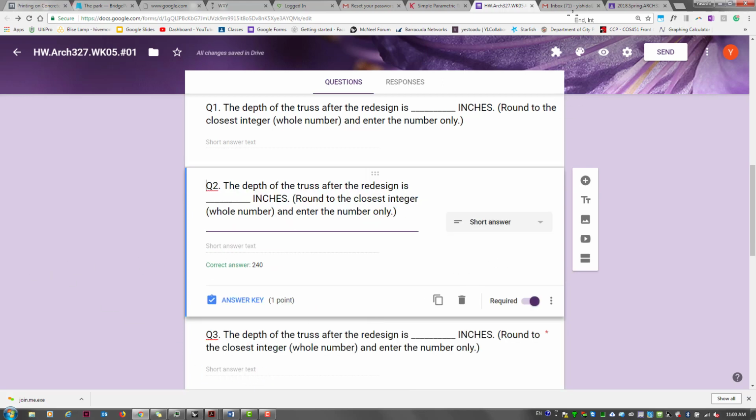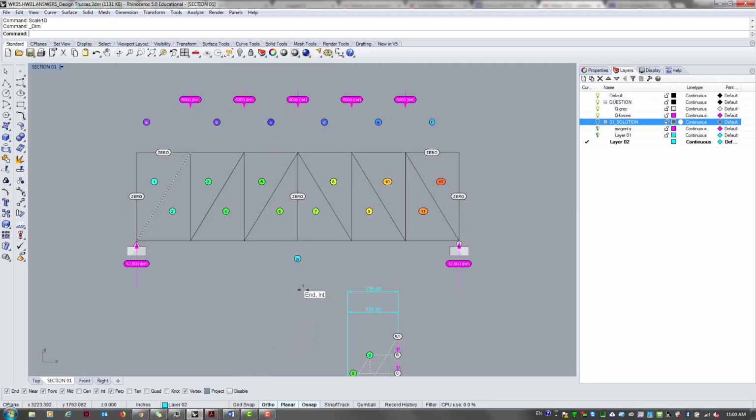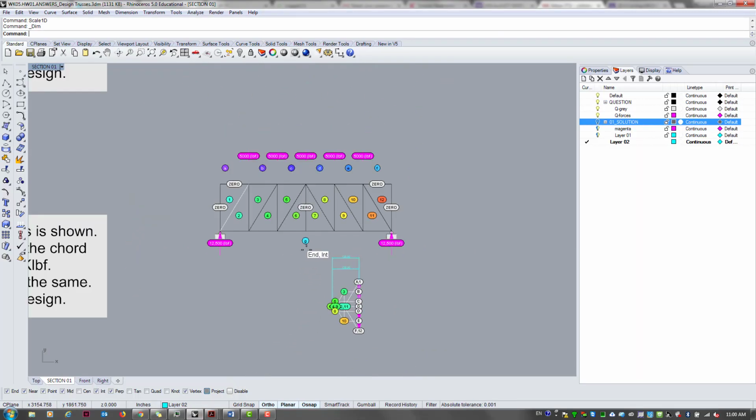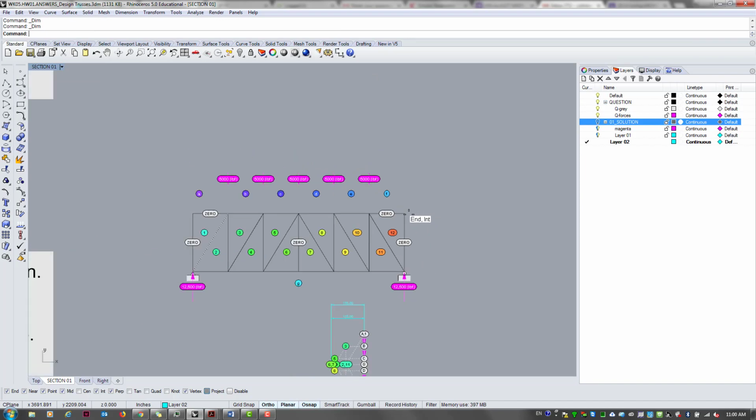Anyway, if you suspect the answer is wrong, let me know, because I make mistakes. When you're scaling the truss, you do scale 1D as well? Yeah. This is 240 then, yeah.